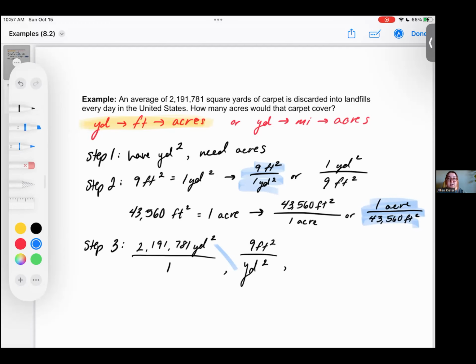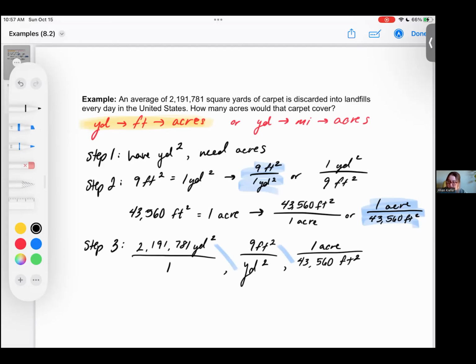Feet squared is in the denominator of the next ratio. Acre is what is left in the numerator, and that is what we want to end with. So our last one here is 1 acre over 43,560 feet squared. And just like before, they are across from each other. Checks out. That's good.